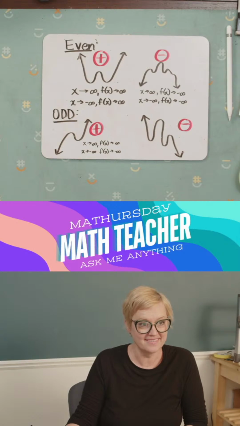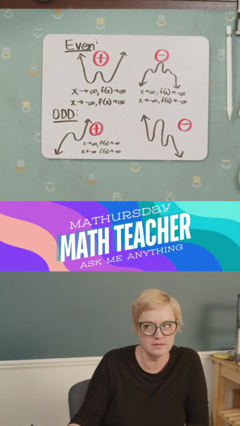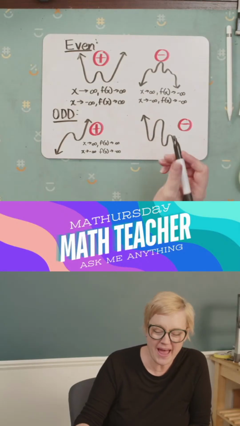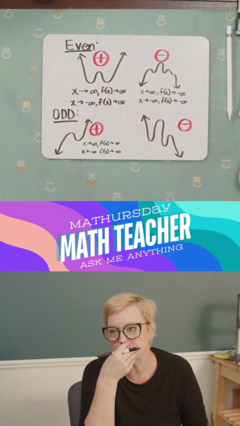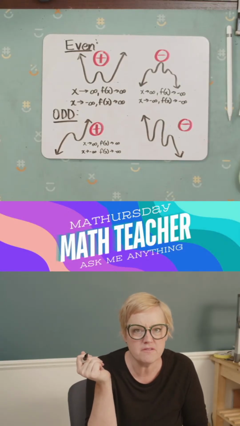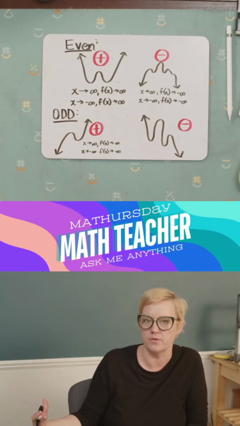Yeah, this is algebra 2, upper high school. But even though it is mainly in algebra 2, I think a lot of you, even a lot of middle schoolers, could probably pick up on what's going on with this.